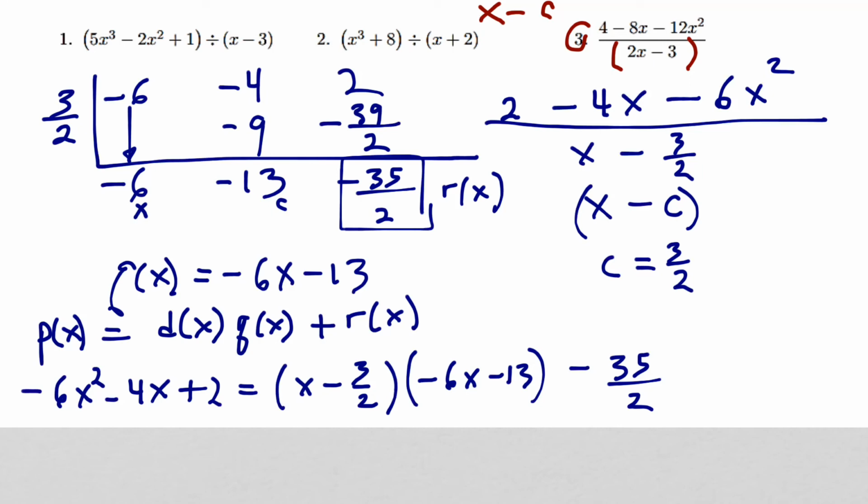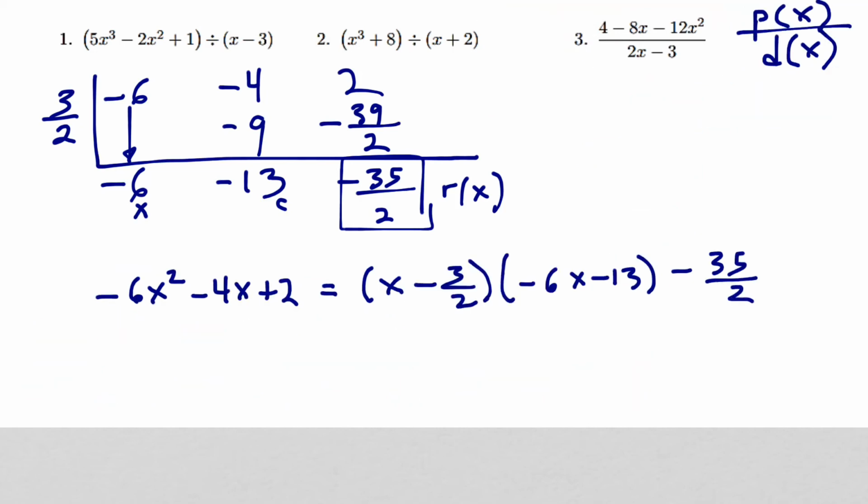All right, now what we want to do is go ahead and multiply everything through by 2 to get it back into this original set of polynomials where your p of x looks like this and your d of x looks like this. So let me just clear some space here.